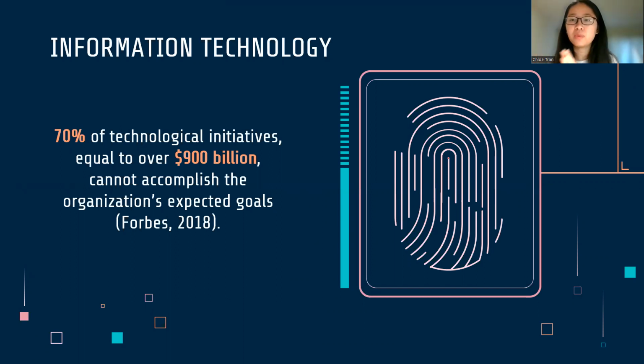However, from the business perspective, 70% of technological initiatives cannot accomplish the organizational expected goals because of a lot of reasons. So my main purpose today is to present the key components of the top 10 trends in information technology. It can provide some hints or some guidance for the companies to apply information technology successfully within their company.